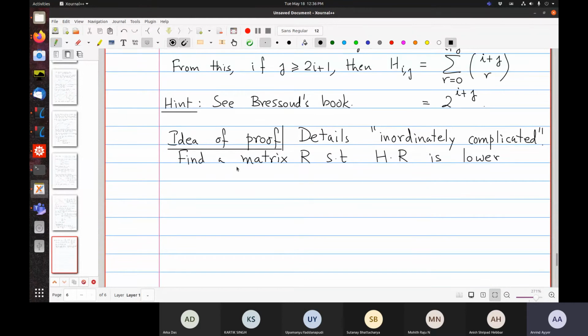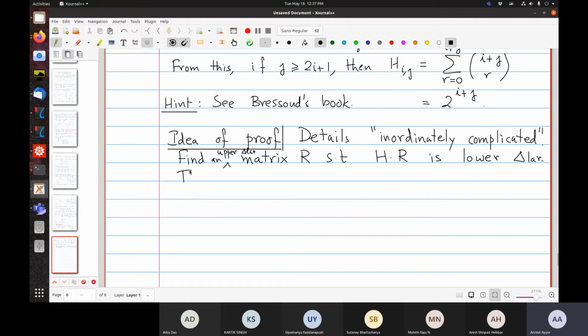I think I should have said, no, upper triangular. So find an upper triangular matrix R such that HR is lower triangular.